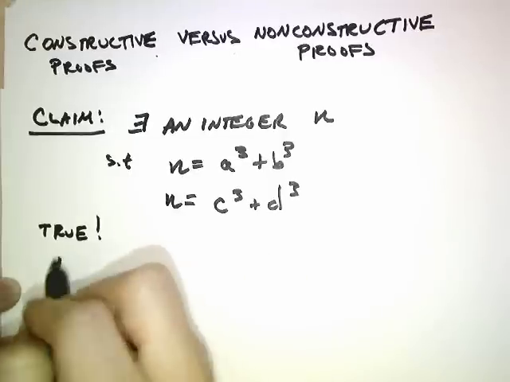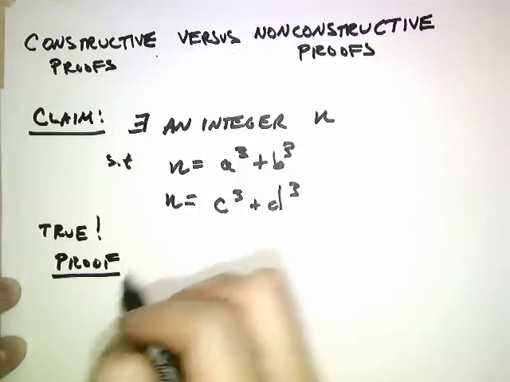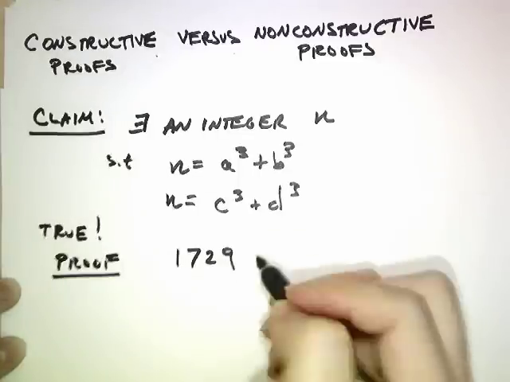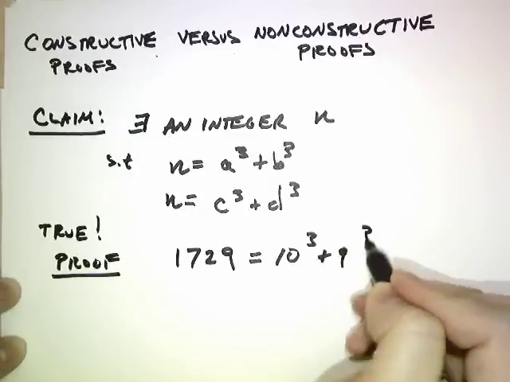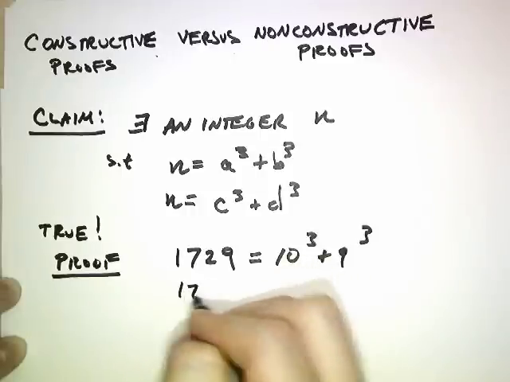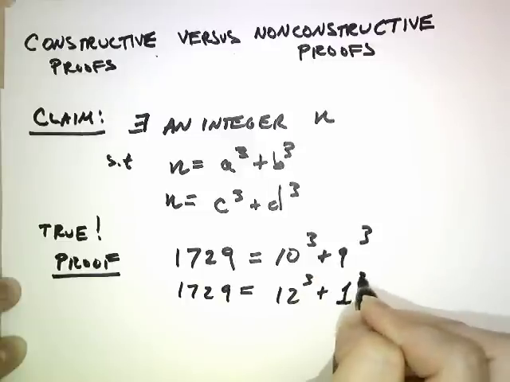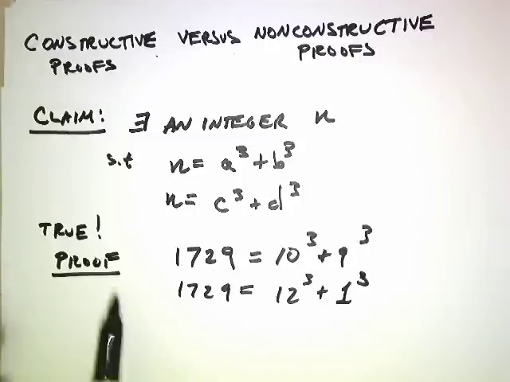And what's the proof? Well, consider the number 1,729. If you take out your calculator, you'll see that you can write it as 10 cubed plus 9 cubed, or you can write it as 12 cubed plus 1 cubed. It doesn't matter right now how we came up with the proof, but this is a proof. Each step can be simply checked just by consulting your calculator.